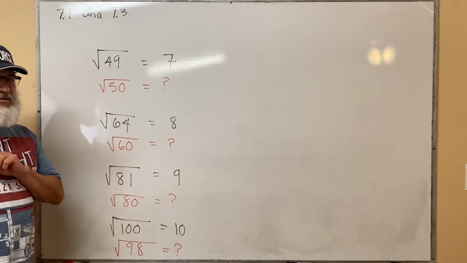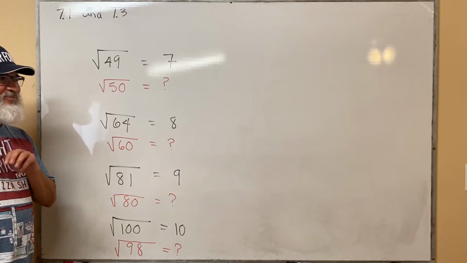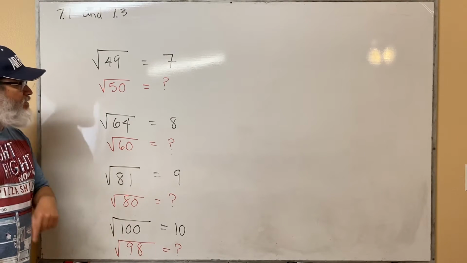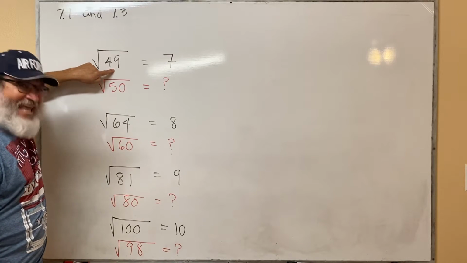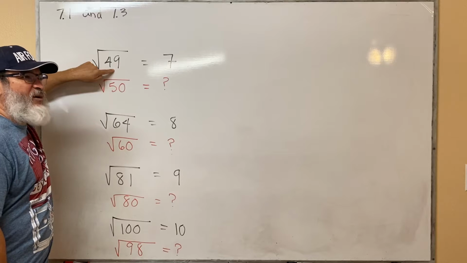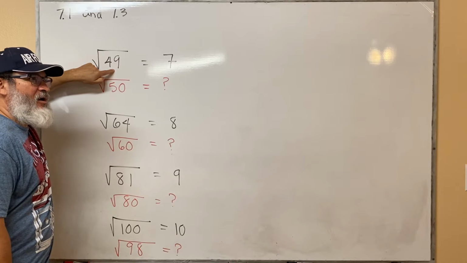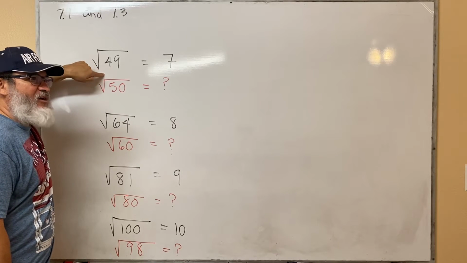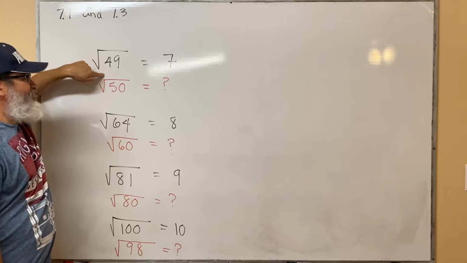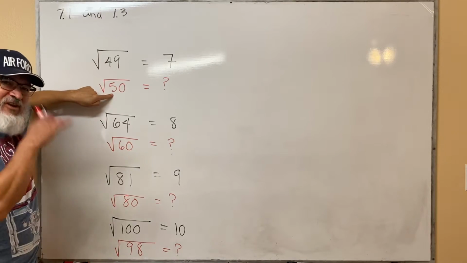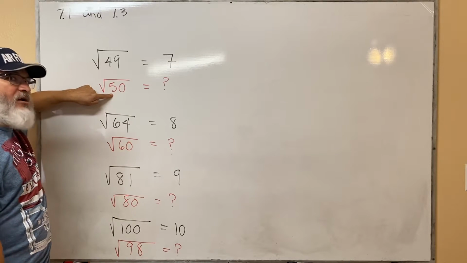You know what the problem is? Whenever the radicand is a perfect square, we can answer with confidence. But if the radicand is not a perfect square, we stumble.